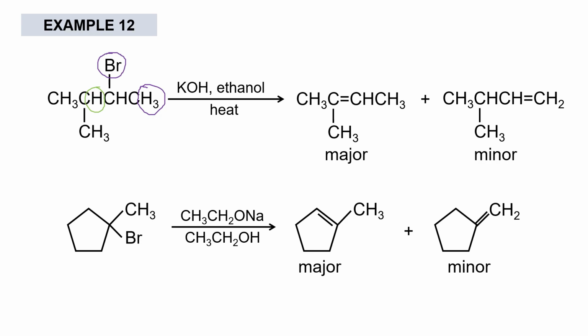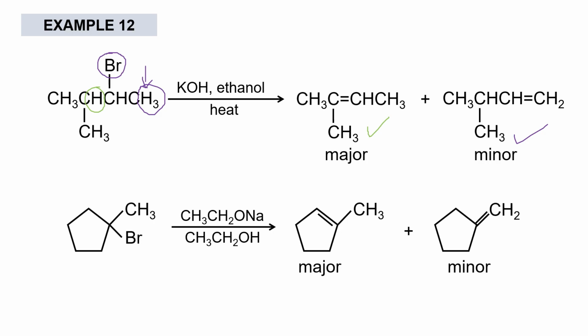So if we remove the hydrogen on the left side and also the halogen, we will get the major product. While if we remove bromine and the hydrogen from the right side of the carbon that bears the halogen atom, we will get the minor product.